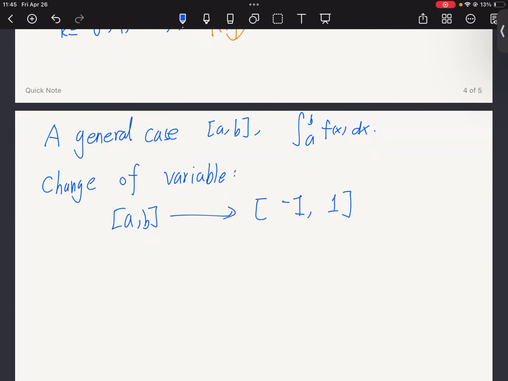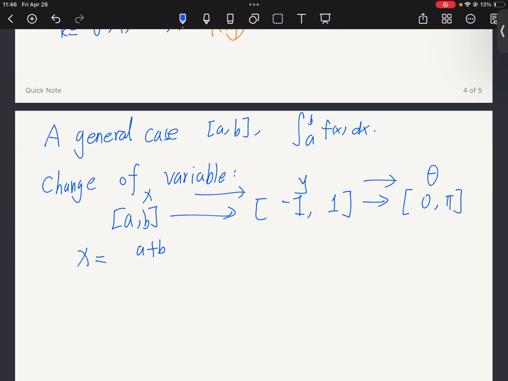What's the change of variable formula? Actually, we are working on the integration there, and it should be the interval 0 to pi. So you can change the variable x to some middle value in the interval -1 to 1, but at the end you can change it to theta, which is 0 to pi, right?